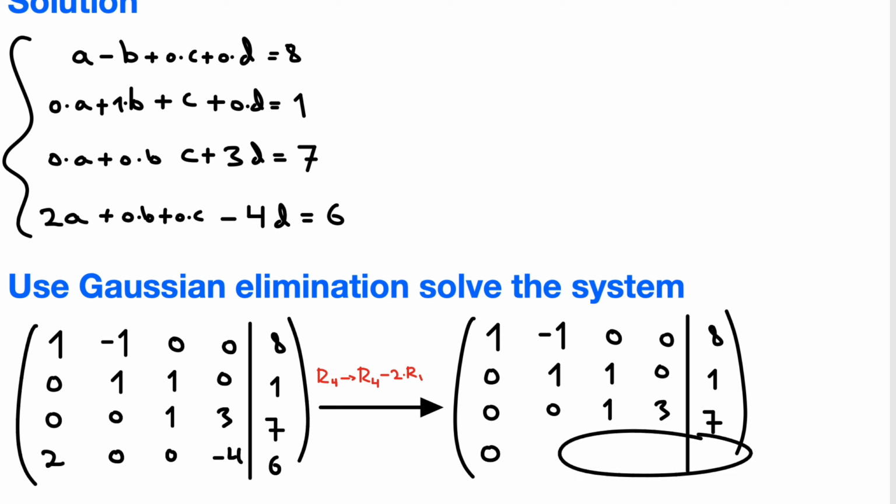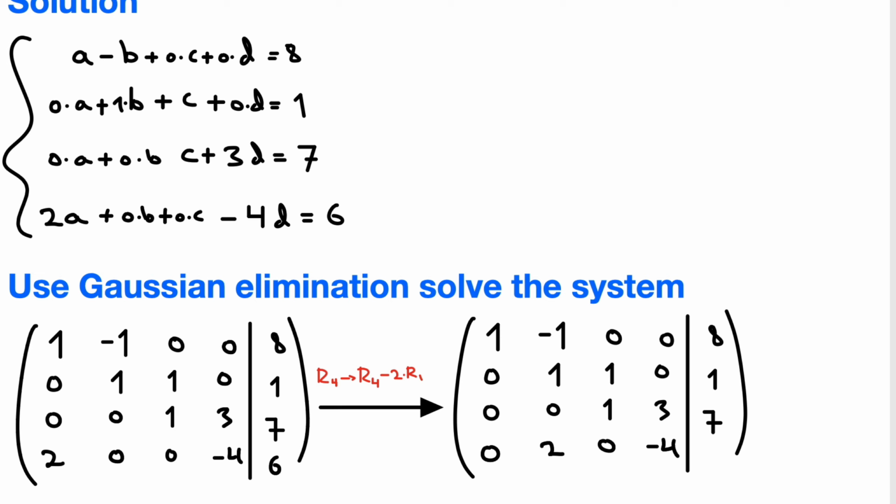And for the rest of these, we just have to be a little bit careful, right? So over here, we're going to have 0 minus 2 times -1, which is 2. So we're going to have a 2 over here. We're going to have a 0 over here because we just have zeros here and here. And we're going to have a -4.